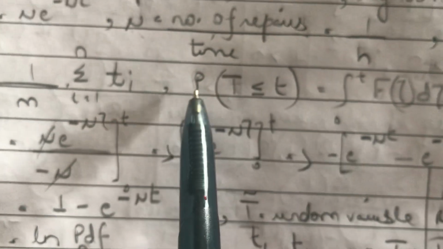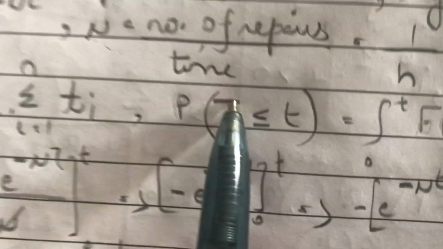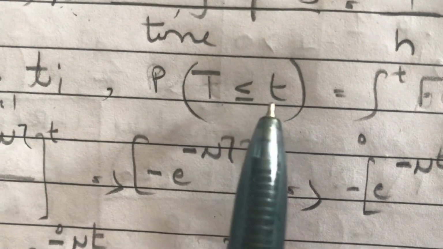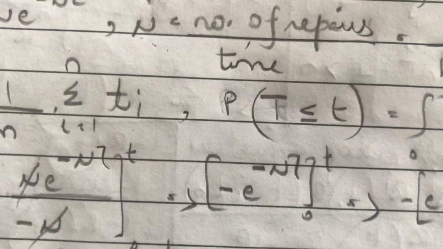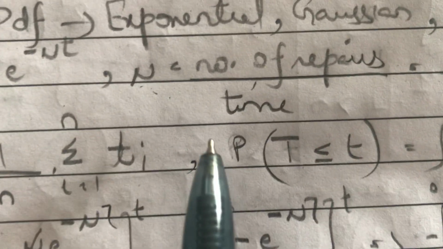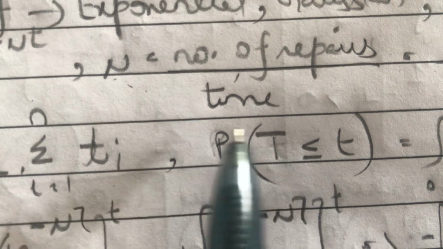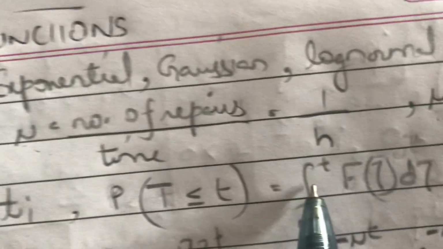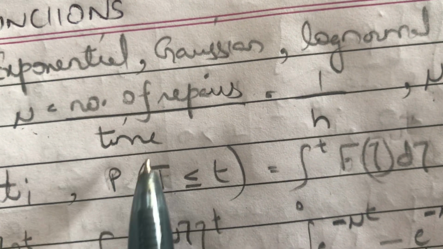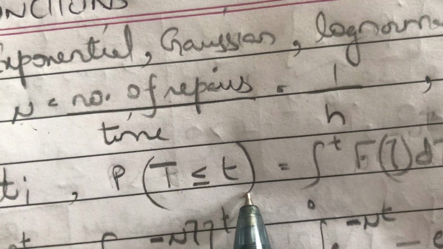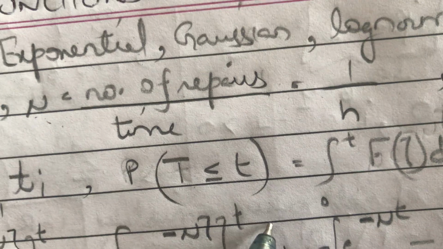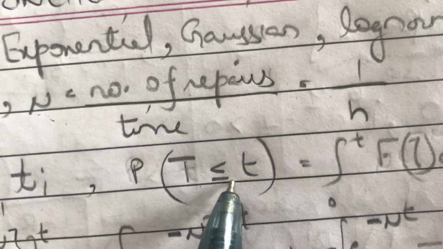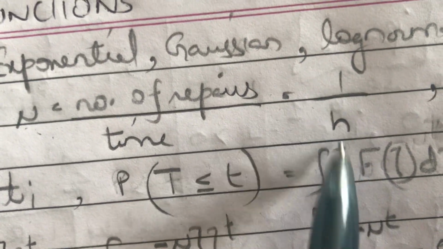Now we have the probability that our capital T is less than or equal to small t. What does it mean when we say capital T is less than or equal to small t? Less than means from 0, and equal to means up to t, so we have a limit of t.